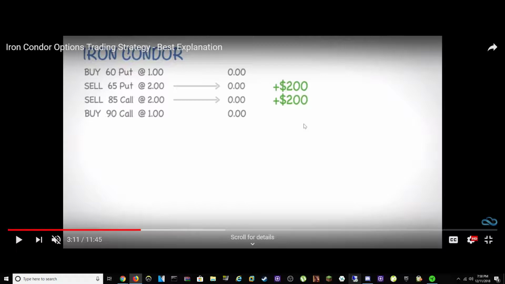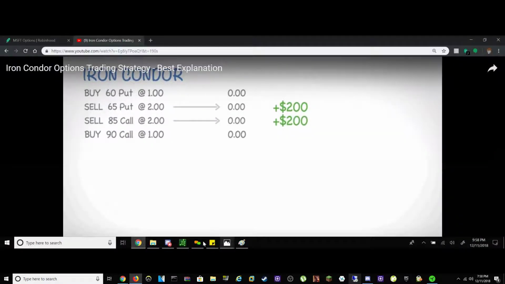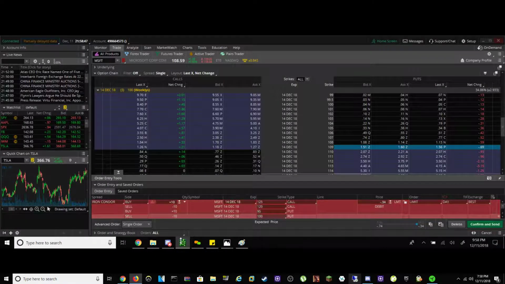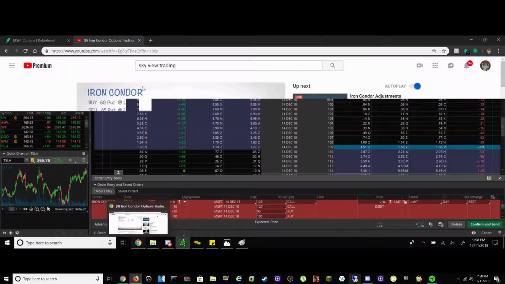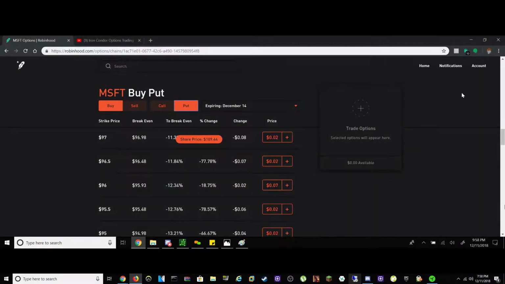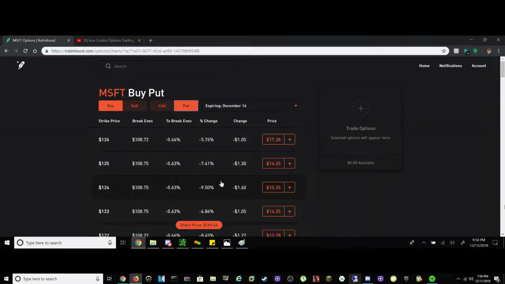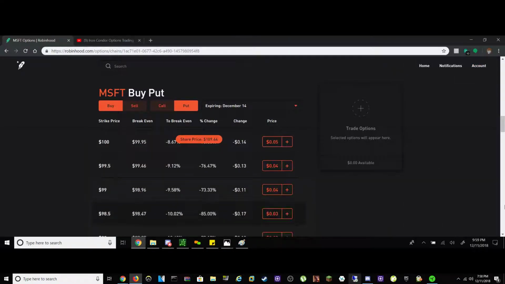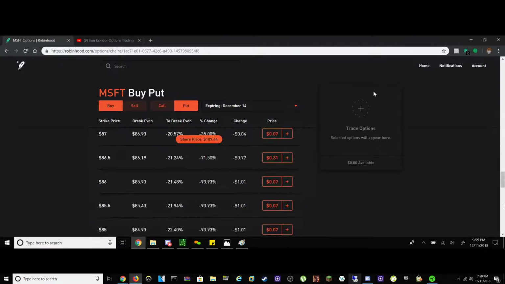And the good thing, this is why I like Thinkorswim, is that it will allow you to do it all in one transaction. I'm not sure, but I know that you can do it on Robinhood. I've just been suspended, so I can't really do anything on my account. There are options you could do.